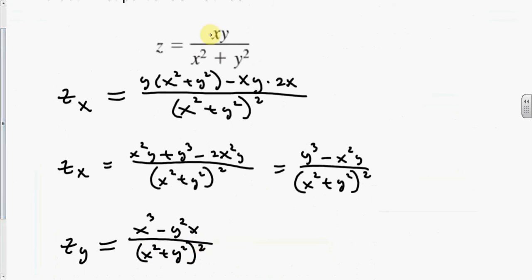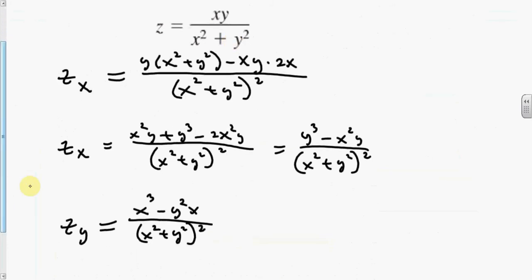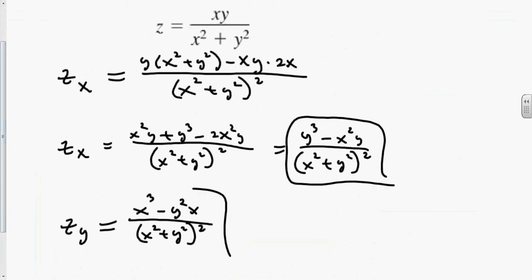Go back and look at z. It's x times y, right, all over x squared plus y squared. Again, that guy is symmetric too in its form. When you see that, it just saves you some time if you notice that they're symmetric.